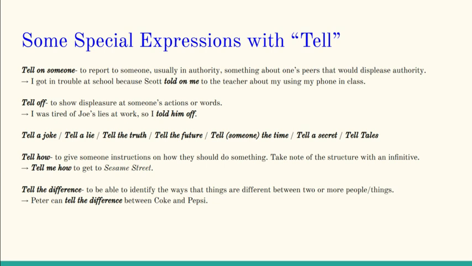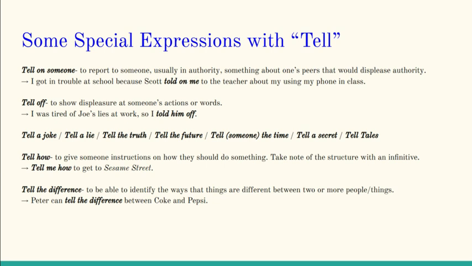To predict the future. Tell someone the time. Excuse me, could you tell me the time, please? Yes, the time is 4:11. Okay. Tell a secret. Can you tell me a secret? Tell tales is to tell stories. Okay. Sometimes tell tales is more like gossip or rumors about someone.